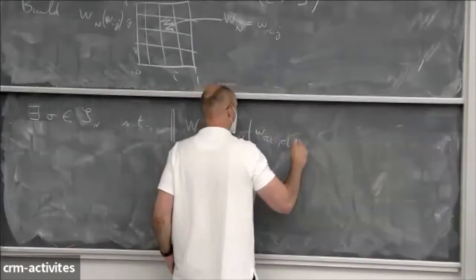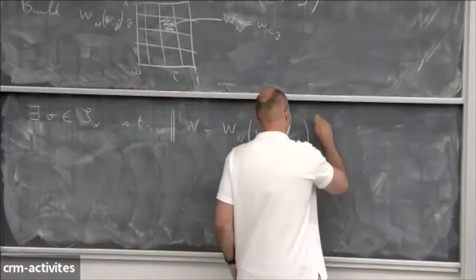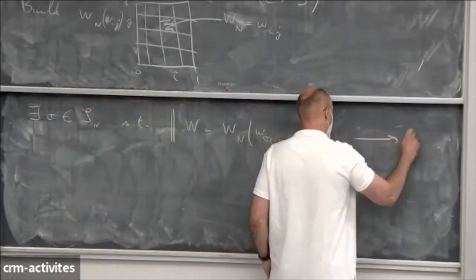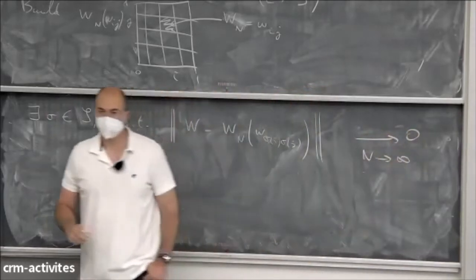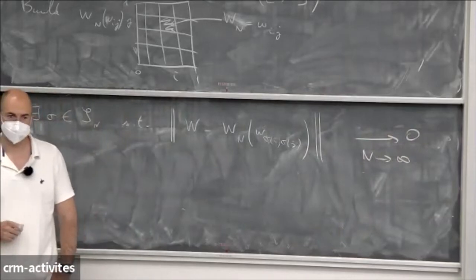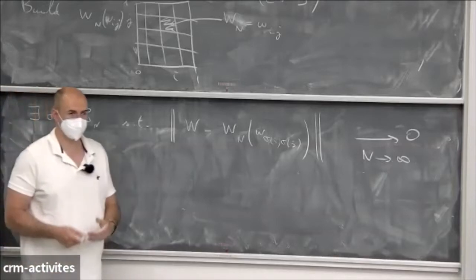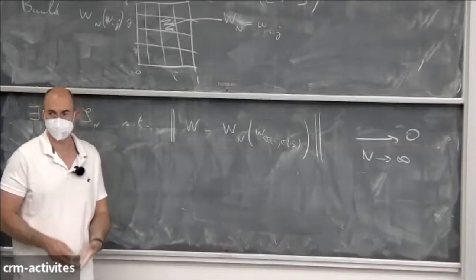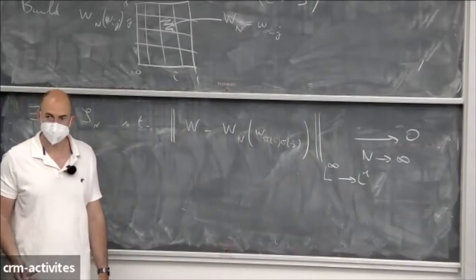So after permutation, this converges to 0 as n tends to infinity in what is called the cut distance, that you can relatively simply see as the norm of the kernel as an operator from L infinity to L1. It's not an Lp norm, but it's not a weak norm.